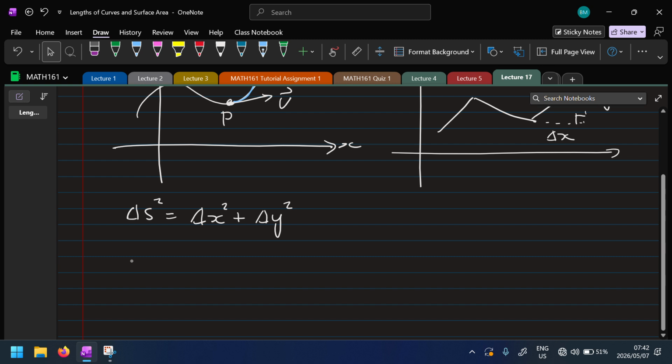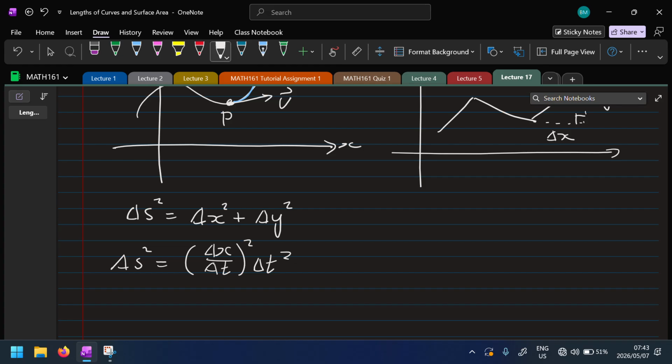So we can write this as delta s squared is equal to delta x by delta t. That's the speed, dx by dt, multiplied by the time, that gives us that distance. And we have to square it because we have delta x squared.